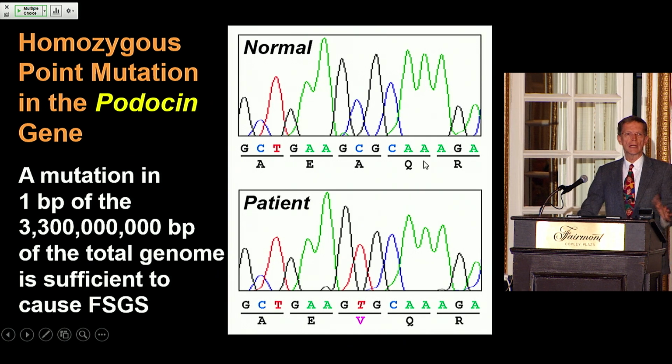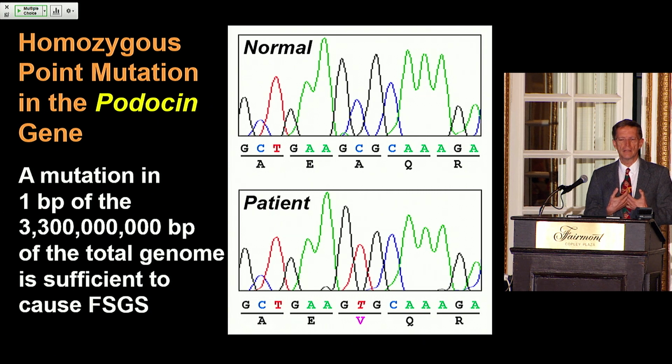And a situation like this, in my mind, is one of the strongest cause-effect relationships that we can see in clinical medicine, probably short of trauma, in that a mutation in one base pair of the 3.3 billion base pairs that we have in our genome is sufficient in and of itself to cause disease, and in this boy, FSGS.